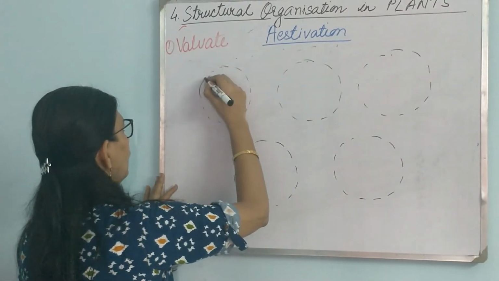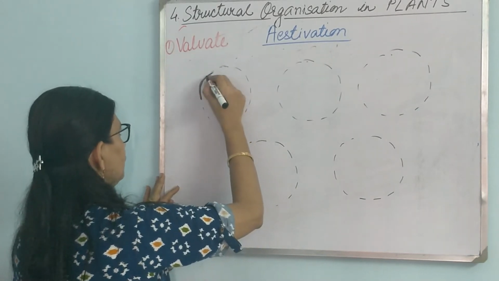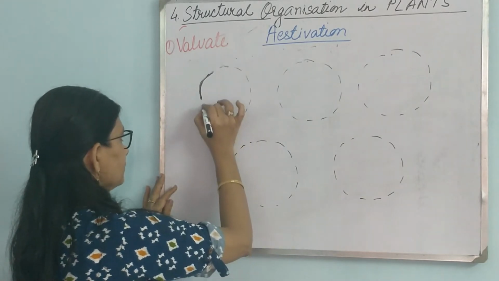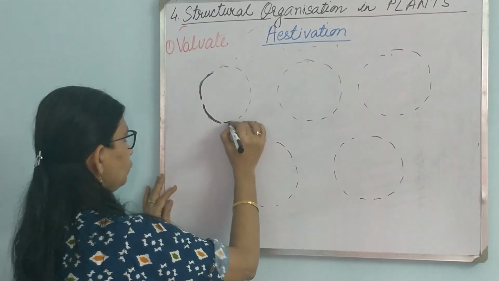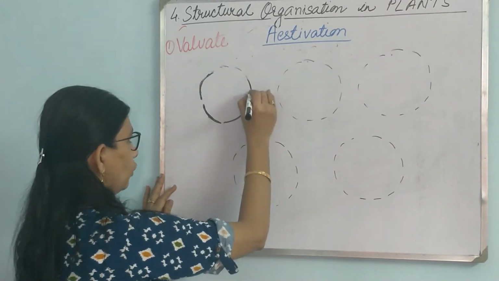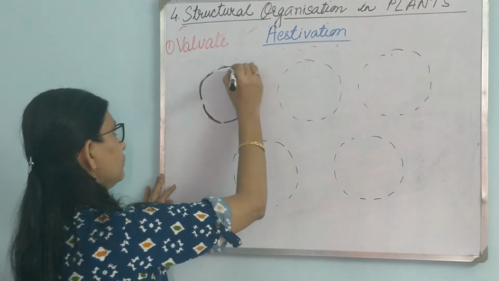So here, how it is seen, the petals or the sepals, this thing, it represents both petals and sepals. So usually it so happens that petals of a flower are arranged in a particular order and sepals are arranged in a different order. So that is very much possible.